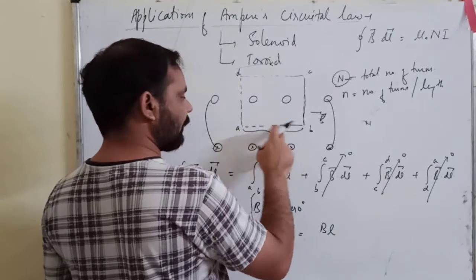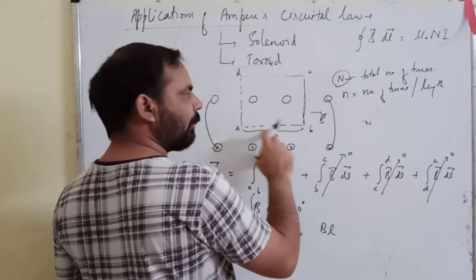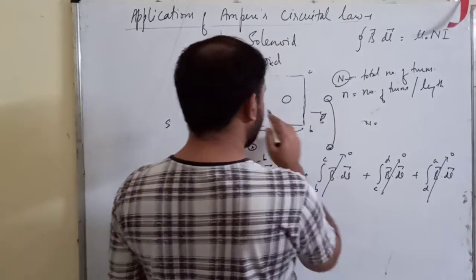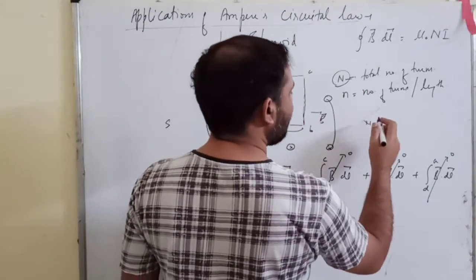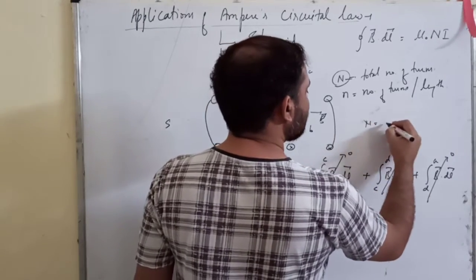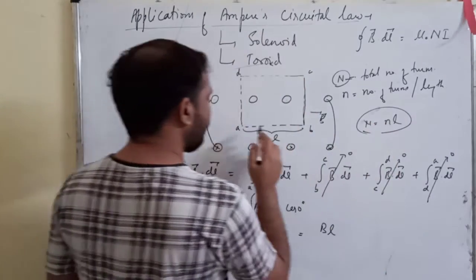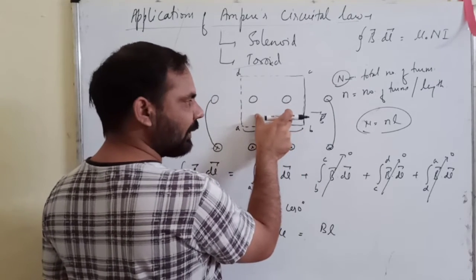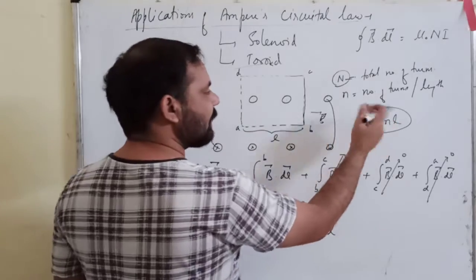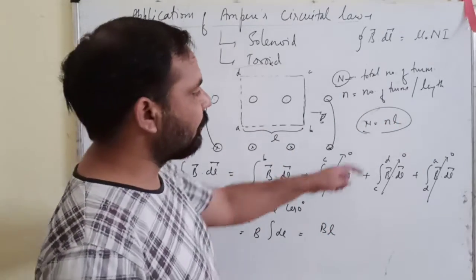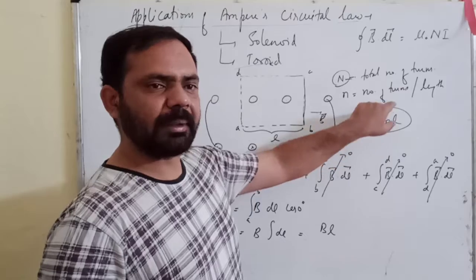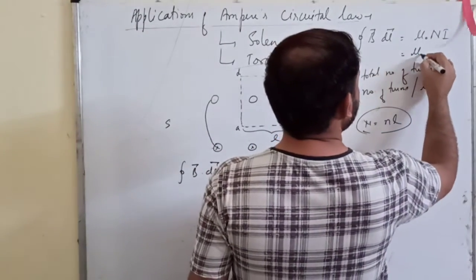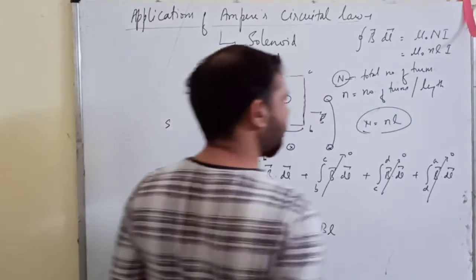Then for this loop, how many turns will be there? N equals n into L. L is the length, capital N is the total number of turns enclosed by the loop, and n is the number of turns per unit length. So when you multiply the number of turns per unit length with the length, you get the total number of turns. So you can write this as mu naught n L I.